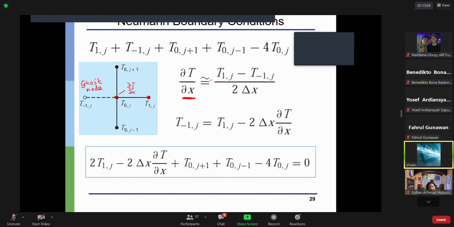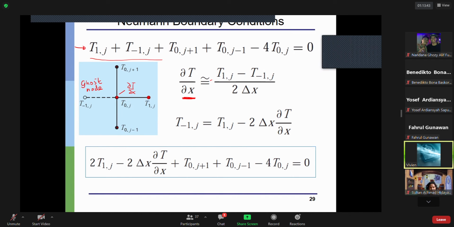If we treat T0j as an interior node, the equation will be: T1j plus the ghost node T-1j plus the node at the top T0,j+1 plus the node at the bottom T0,j-1 minus 4 times T0j equals 0.